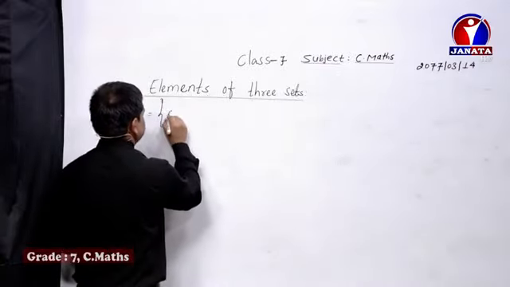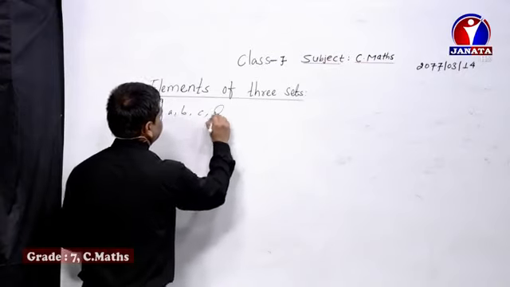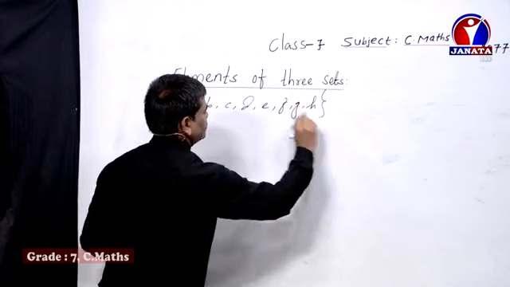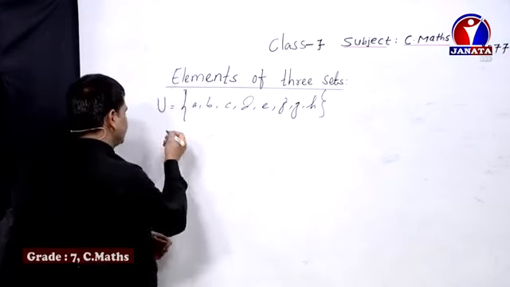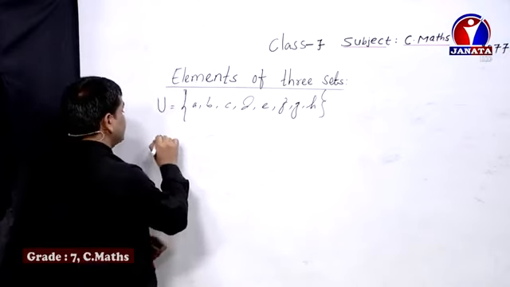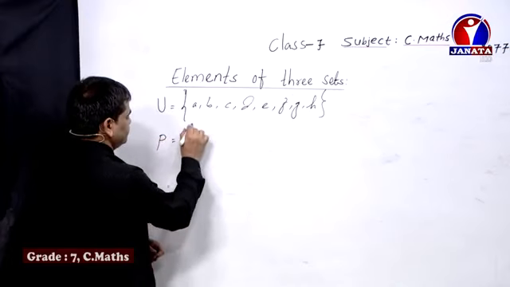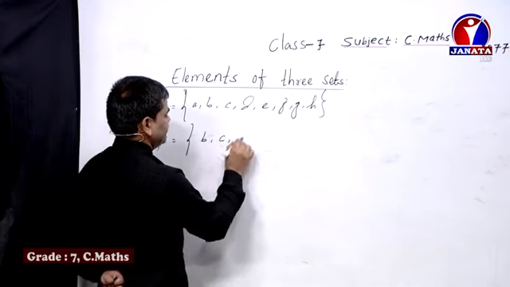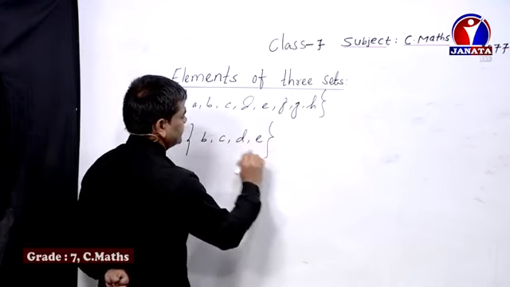Universal set has the elements A, B, C, D, E, F, G up to H. Let's take another set P as a subset of the universal set, having elements B, C, D and E, just only that much.